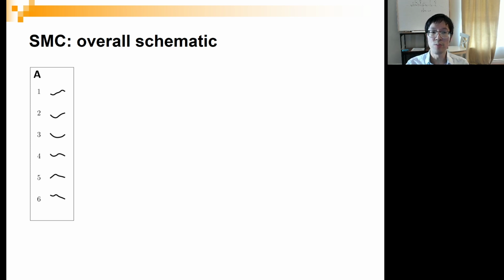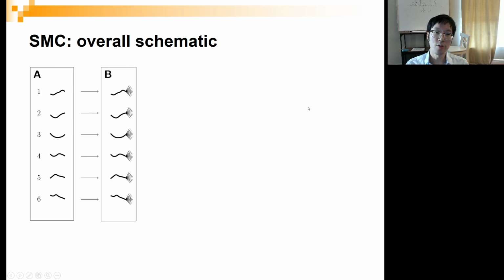To recap, in this diagram we have potential conformations that we are building for, say, the mutated segment of the protein.